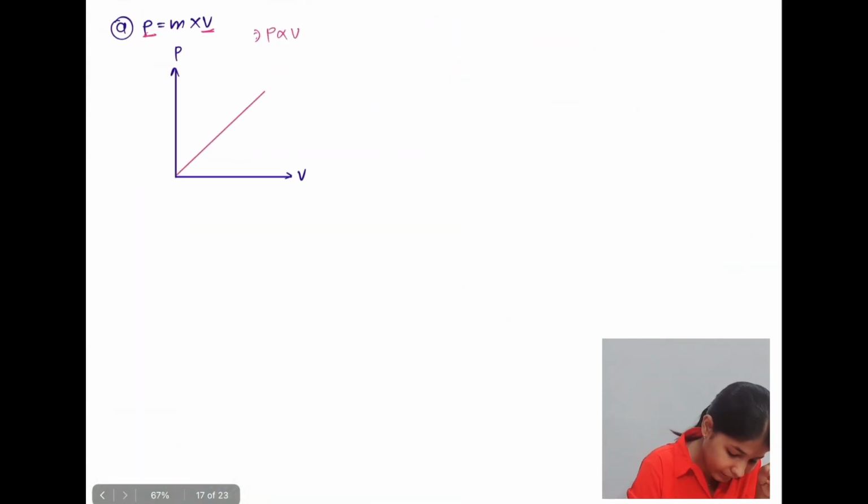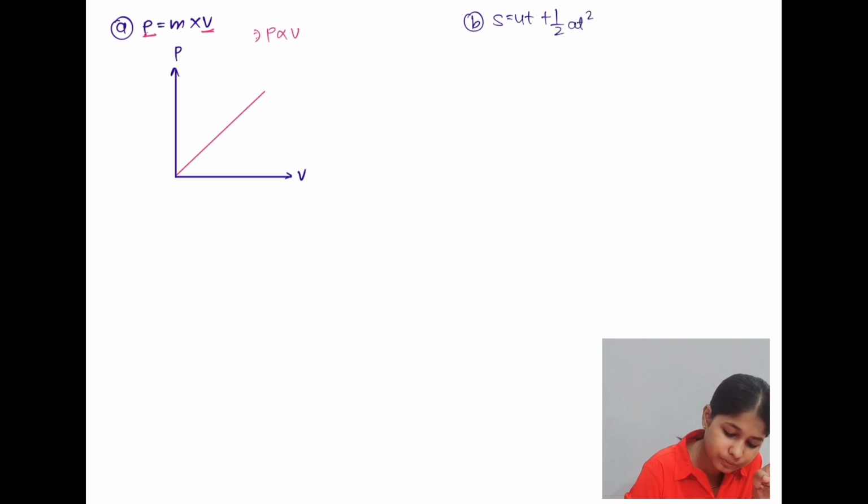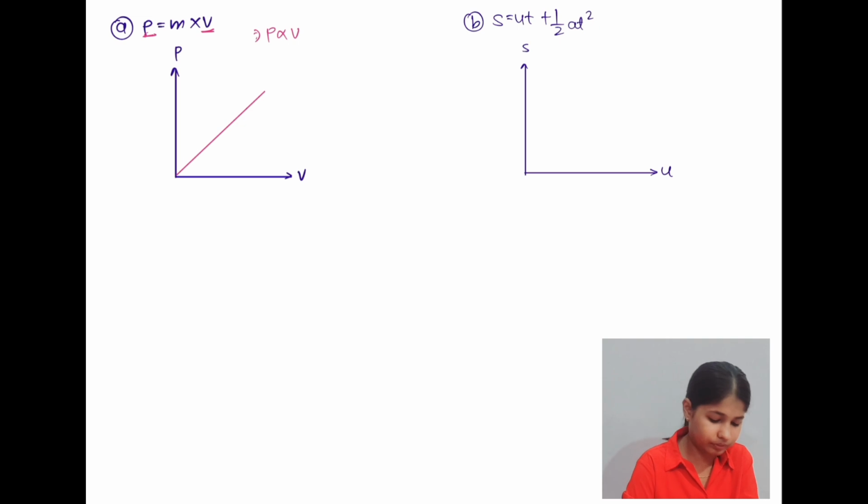So let me write here first. S is equal to UT plus half of AT square, and I have to plot a graph between S and U. This is our XY axis.